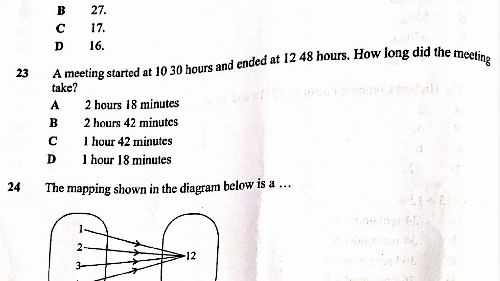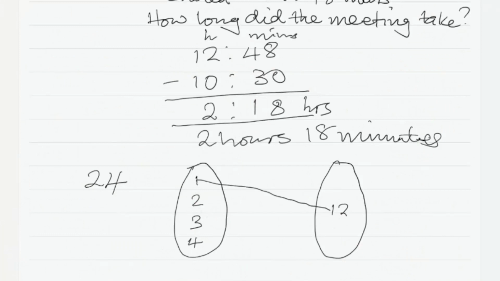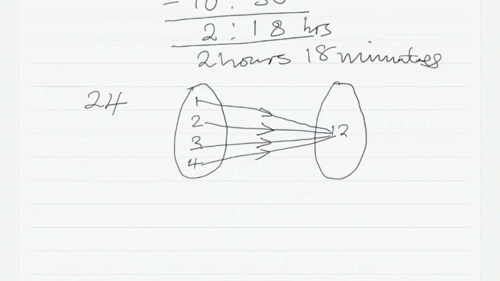Then here we have 12. This comes there, this comes there, that comes there, that comes there again. Meaning the mapping that is there is coming from different sources going to one source, which is 12.